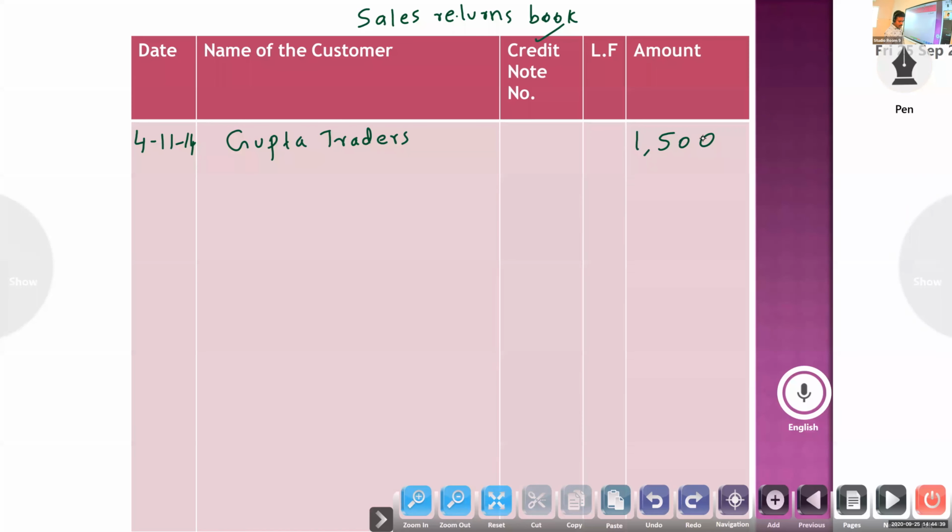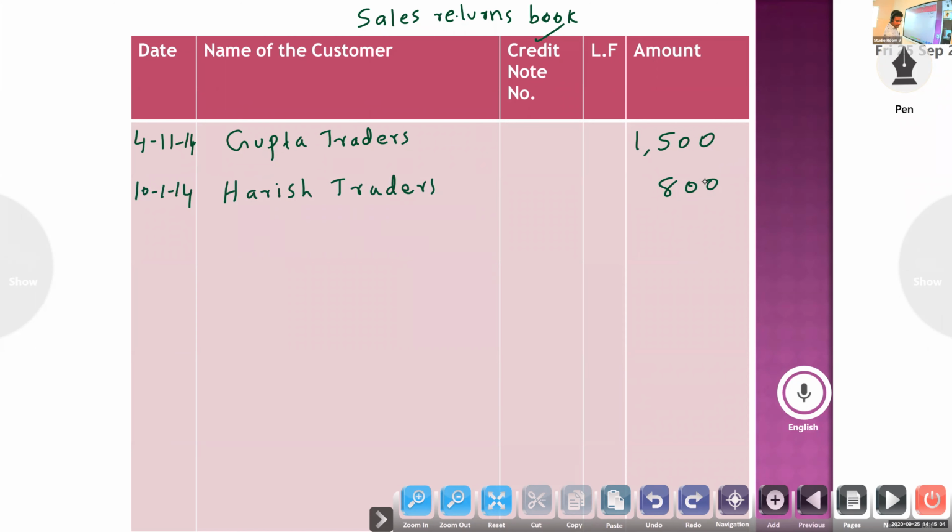Next, goods returned from Harish Traders, sales return only. Harish Traders, amount 800.